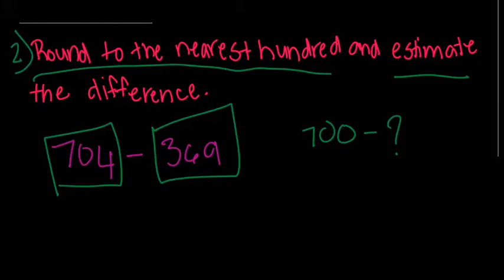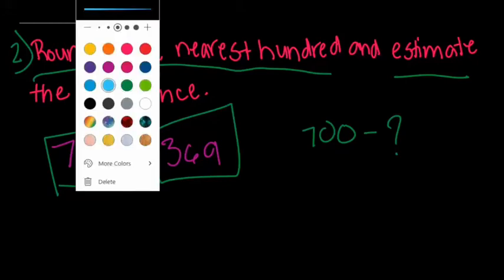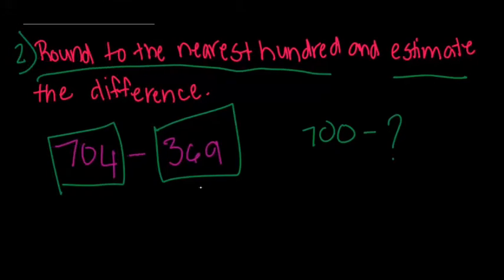Let me get another color. Let's get blue. All right, so now we have 369. Let's round that to the nearest hundred. We keep the first number the same. Now we have 69. Now we need to question ourselves.